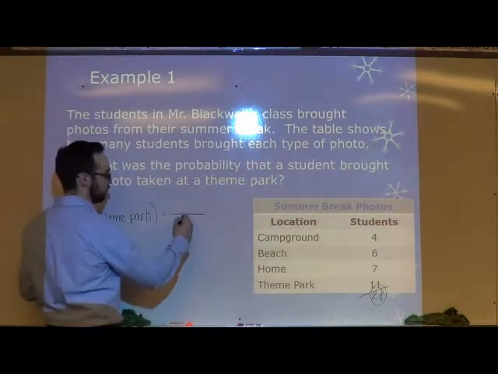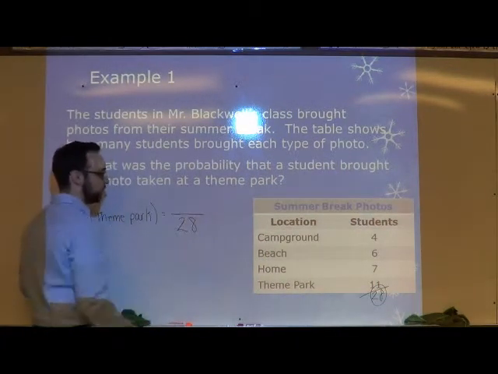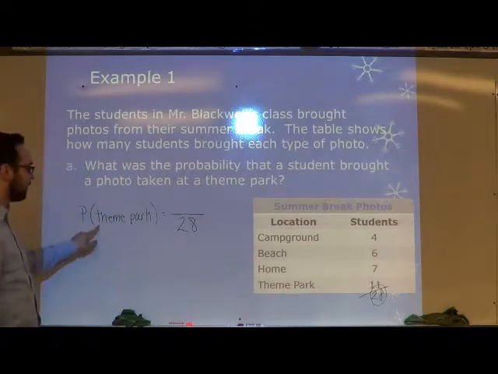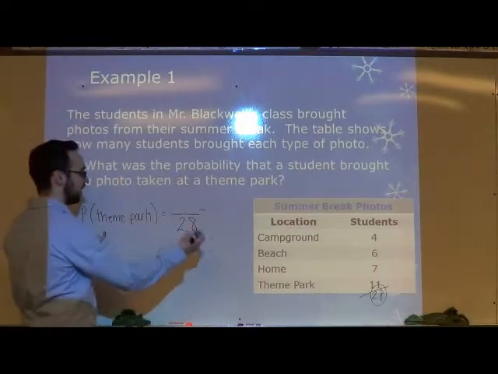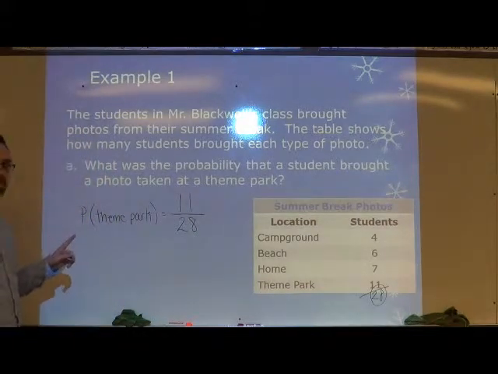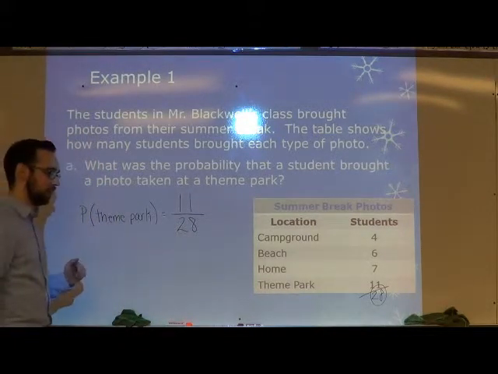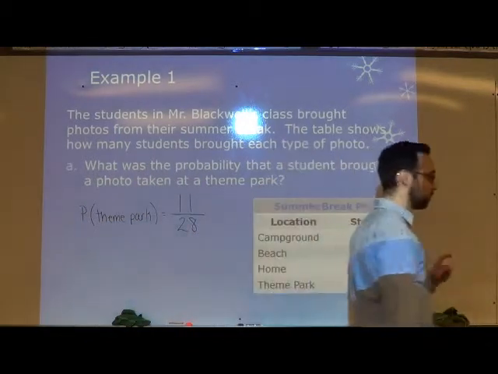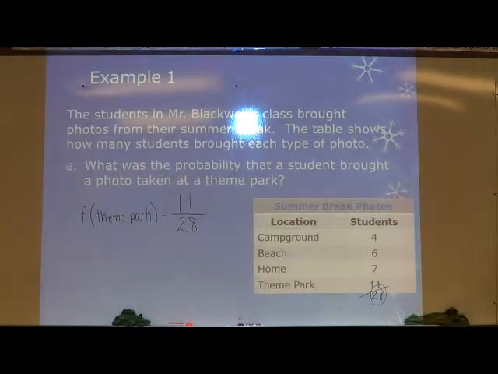So the total amount of photos we have to choose from is 28. How many of those came from theme parks? 11 of them. So the probability of getting a photo from a theme park is 11 out of 28. Remember, you just take the piece out of the total, so you add all those up to get the total.